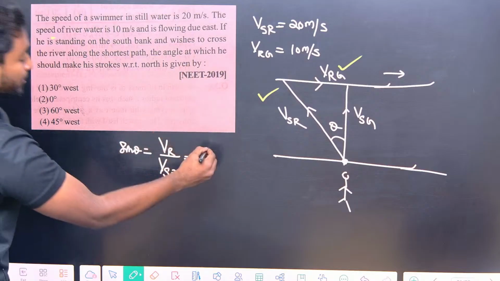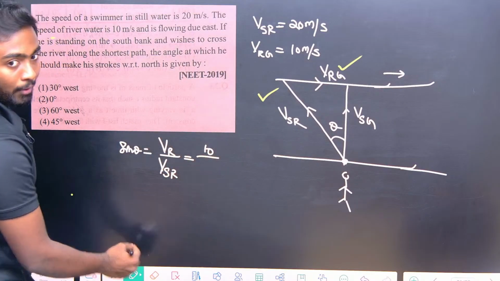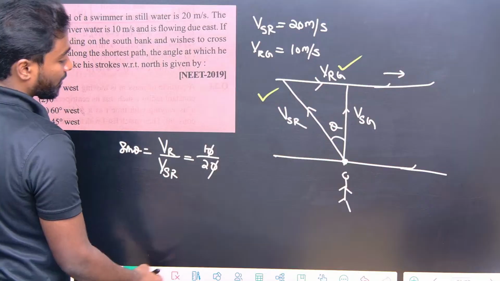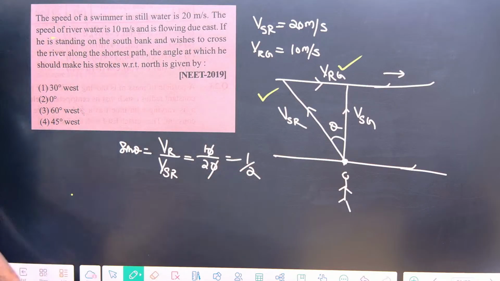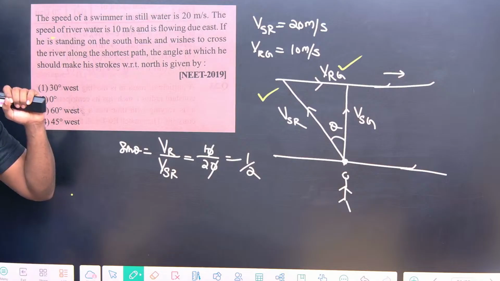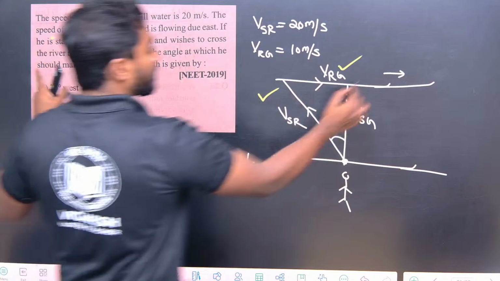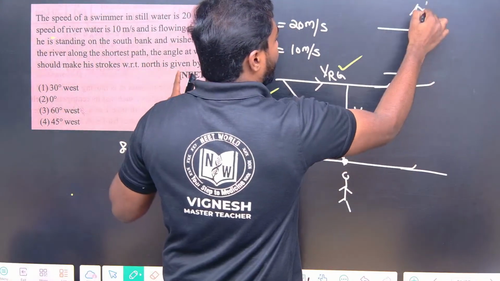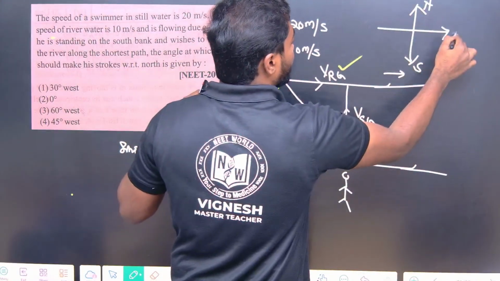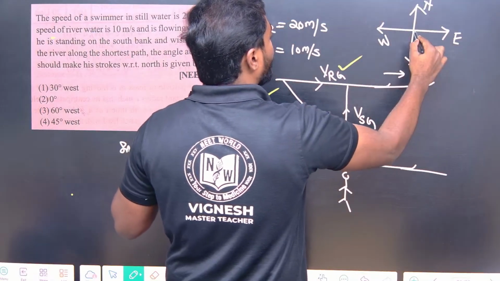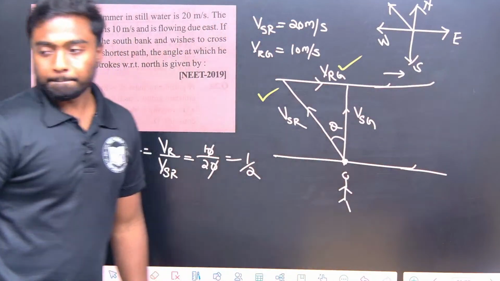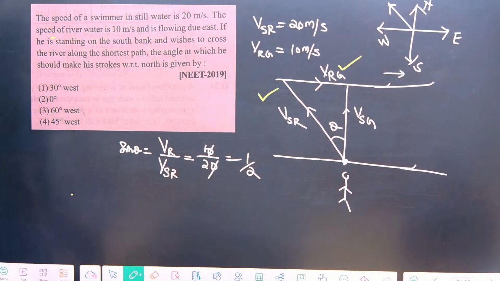River is 10, swimmer with respect to river is 20. So the zeros will get cancelled, 1 by 2. At which angle will sin be 1 by 2? 30. When I notice this, north, south, east, and this is west, I need to go in this direction. 30 degree west, if he starts, he will reach exactly north. So option A will be the answer.